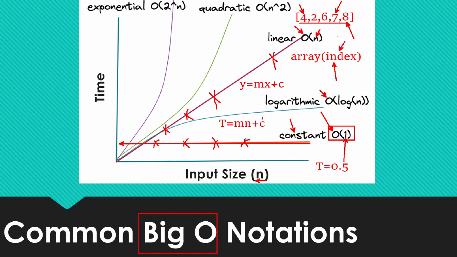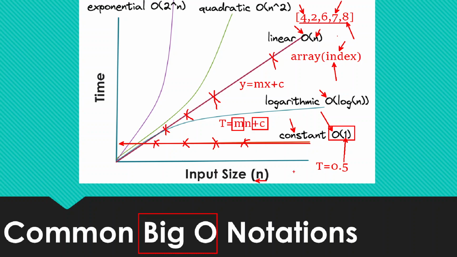Now, we have 2 rules in coming up with a big O of something. The first rule is that you drop any constants. So here we are going to drop the constant c, and we also have a constant m, so we are going to drop that constant m.